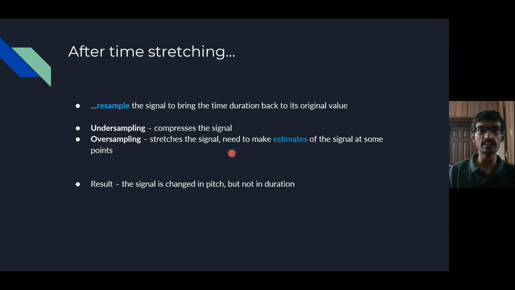And since the signal is discrete, you might need to make estimates of the signal at some intermediate points by using interpolation or some other technique. And the result is that the signal is changed in pitch, but not in duration. So that is how pitch shifting is accomplished.